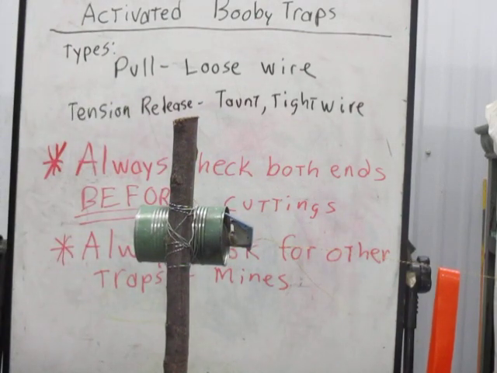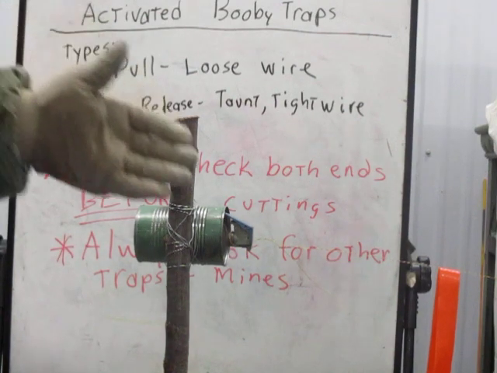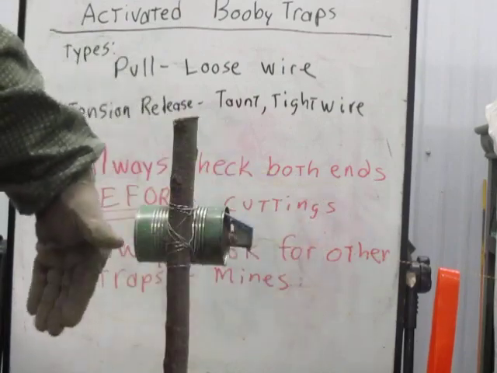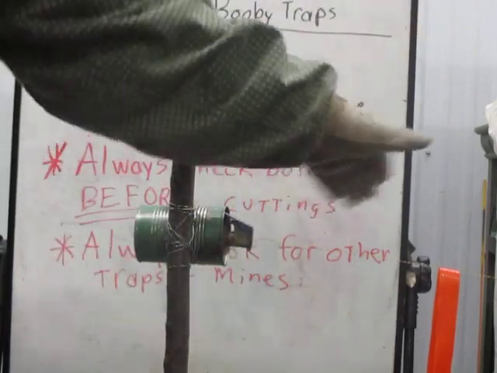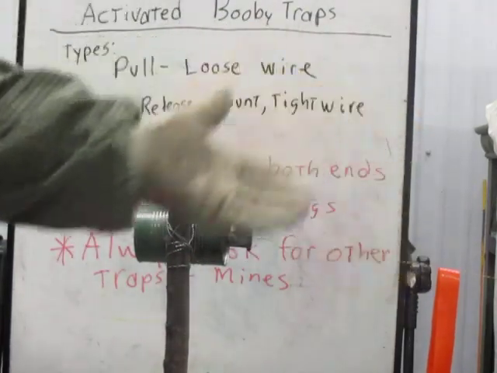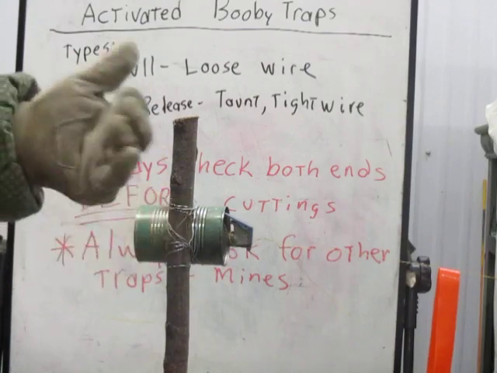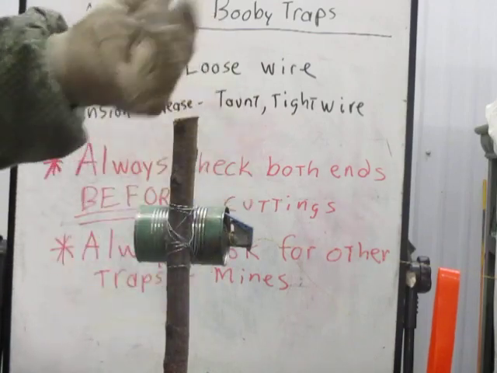And remember, as you're checking, be careful, because there's always a possibility somewhere around each end or on either side of the tripwire there could be a mine or some other type of pressure activated booby trap.